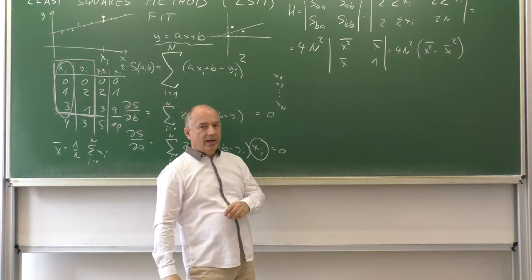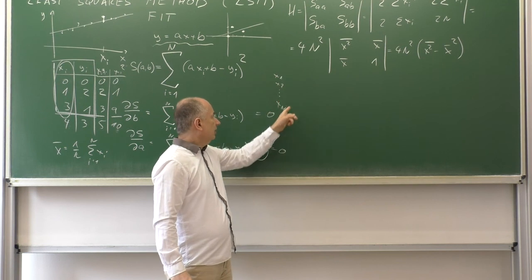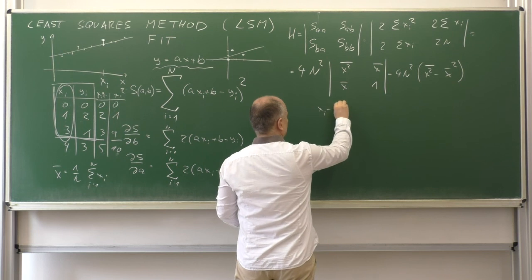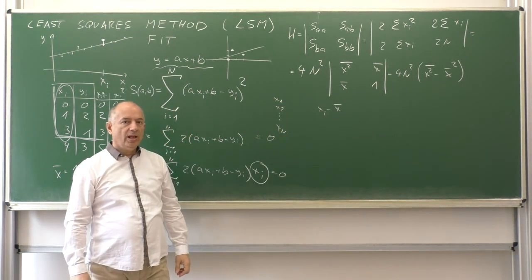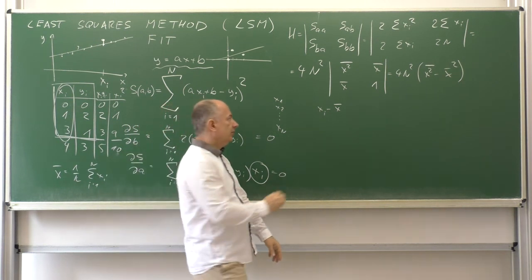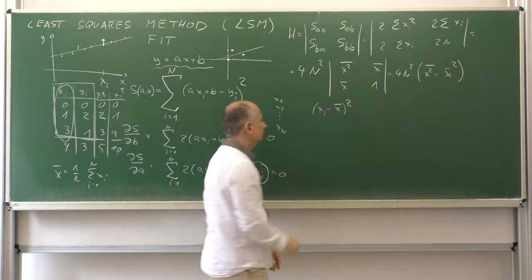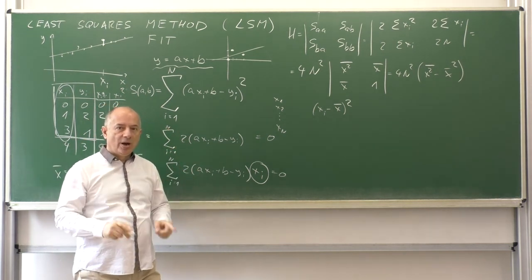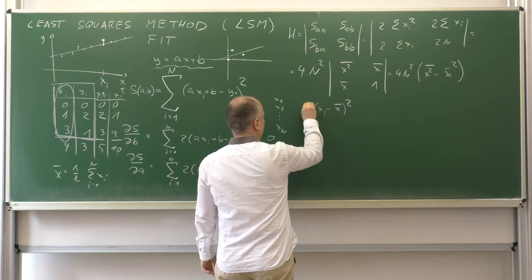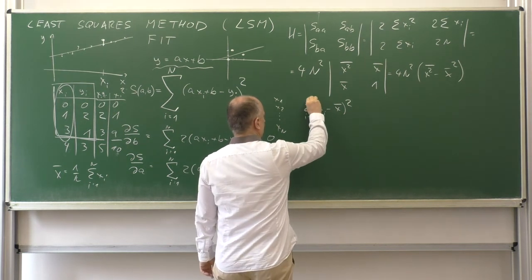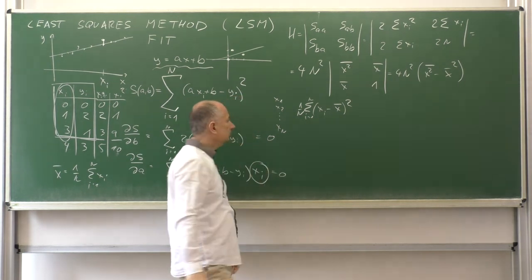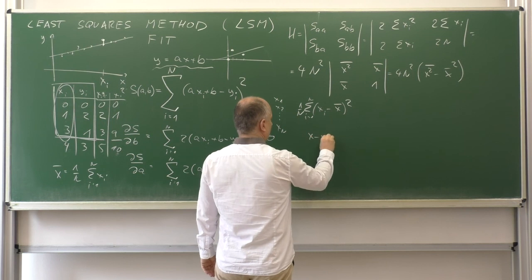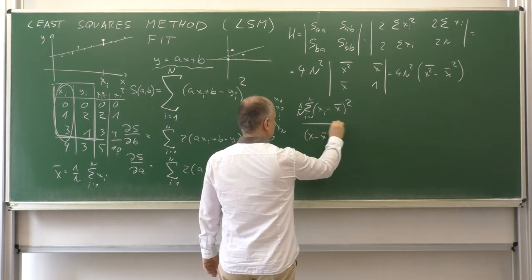Then we can subtract this average from every value here. Then we can consider the square of this difference. And we can consider the average of these squares of the differences. That means average: we sum and divide by n. And this can be written as the average of x minus x bar squared.